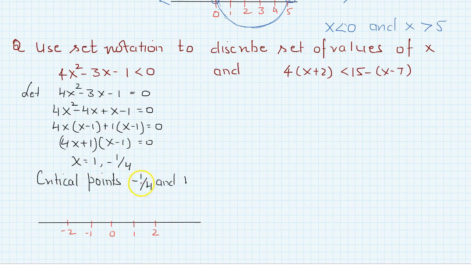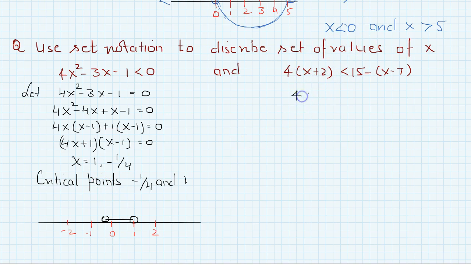So the critical points are 1, this one, and minus 1 over 4, that is this one. And as it is less than 0, our solution is this. This is our solution. Now let's find out this one.